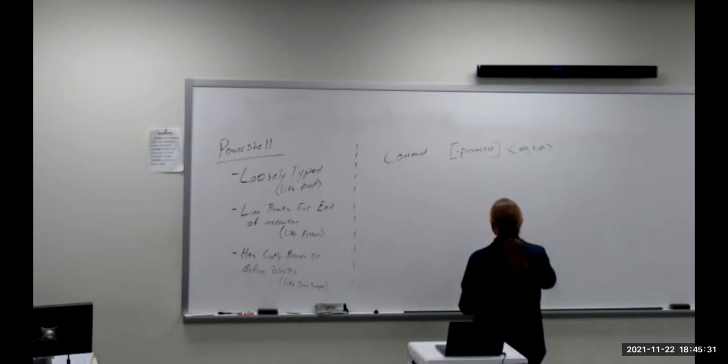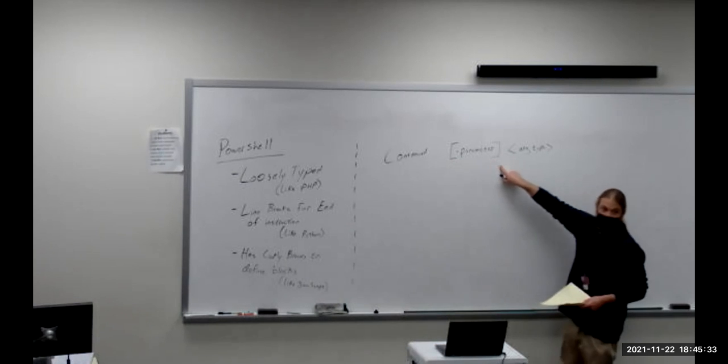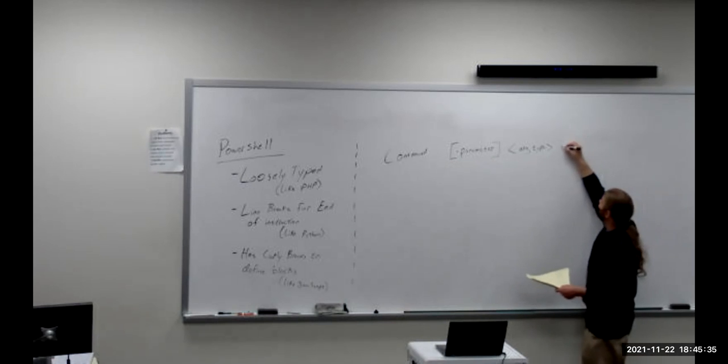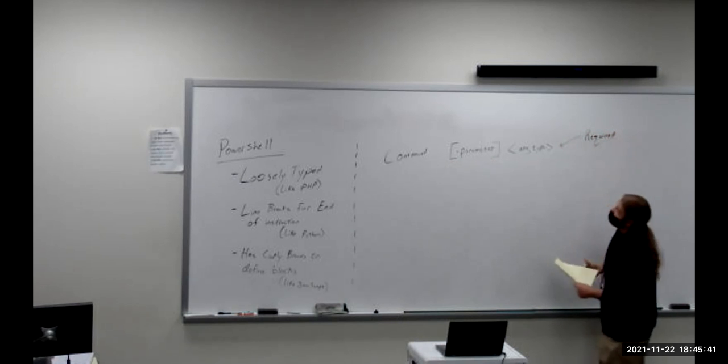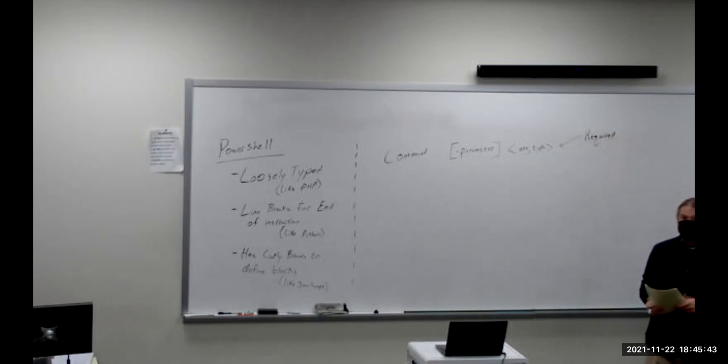When they're split up like that, the square bracket closes, then we have the stuff in angle brackets, that is a required parameter. There's no default value. We have to fill that one in.